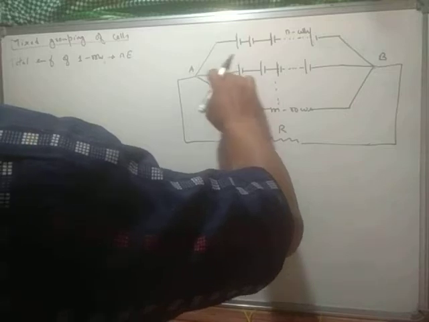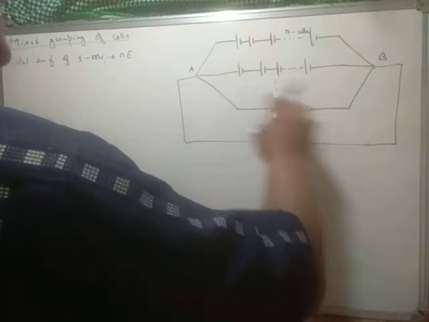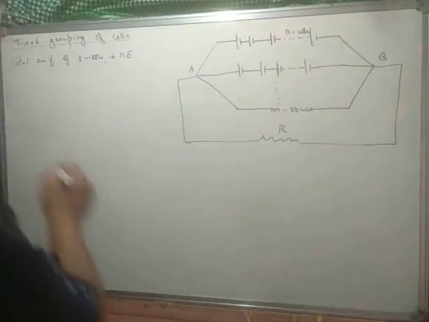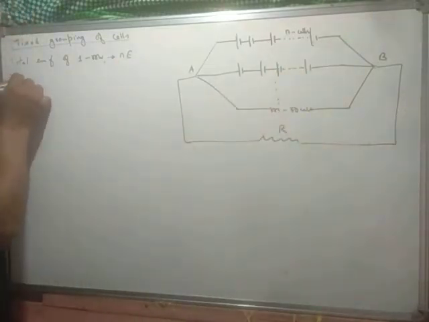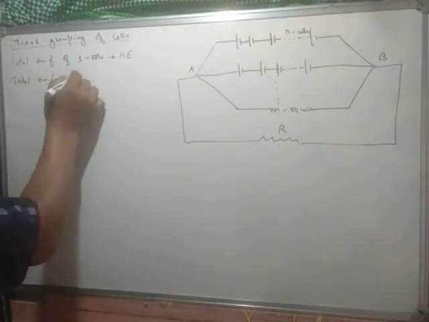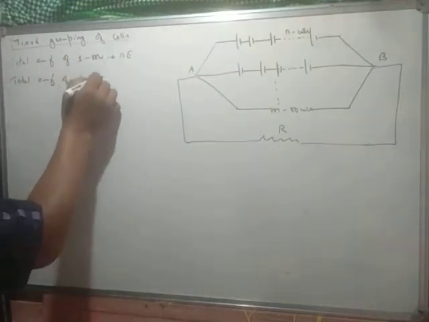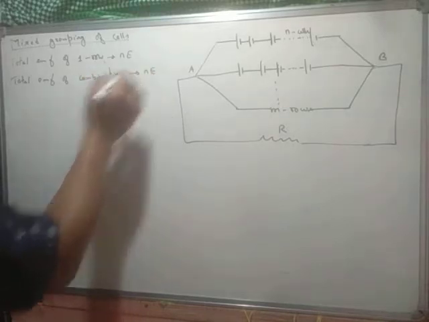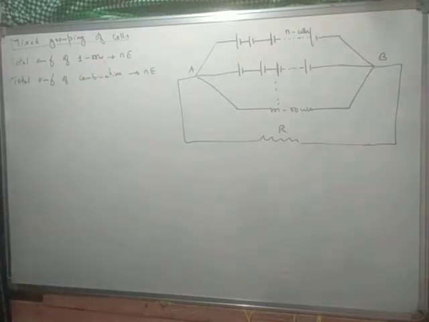Similarly, the EMF of the second row will be nE, of the third row will be nE, and the EMF between the two points A and B also will be nE. Which means the total EMF of the combination is nE.